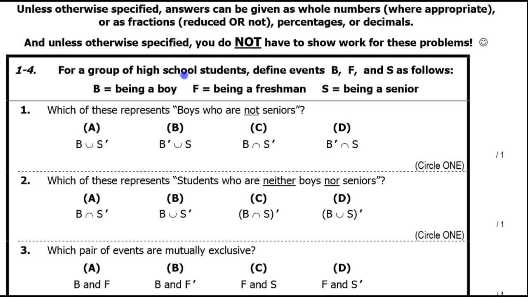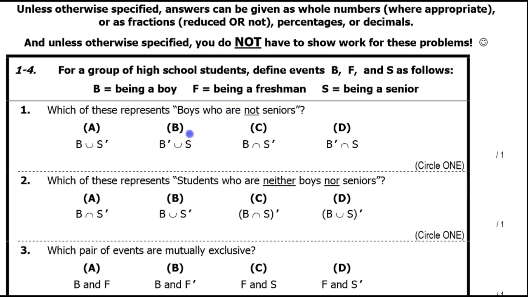For a group of high school students, define events B, F, and S as follows. B is being a boy, F is being a freshman, and S is being a senior. Now, which of these represents boys who are not seniors?